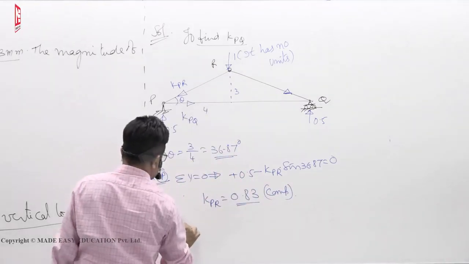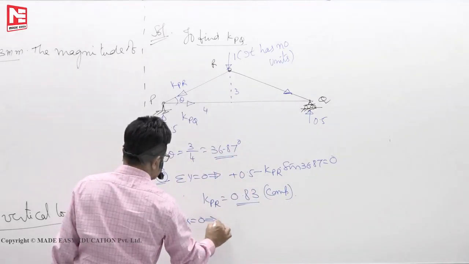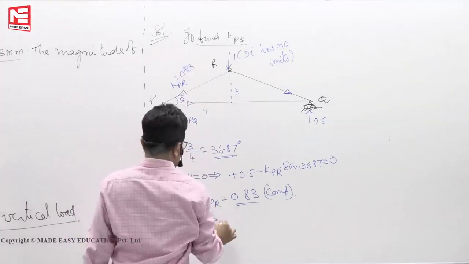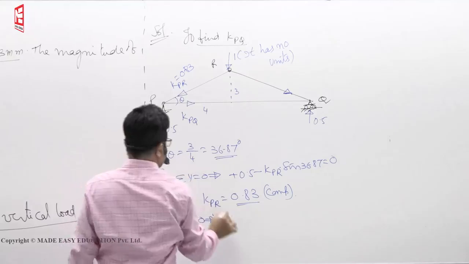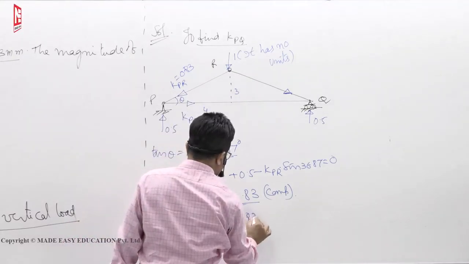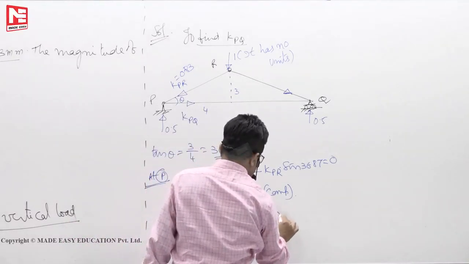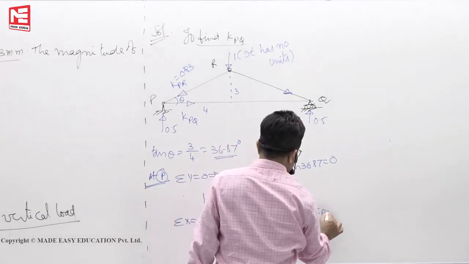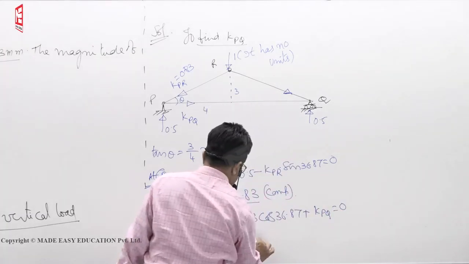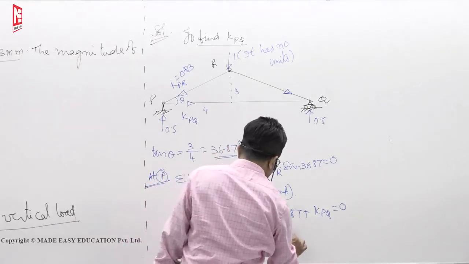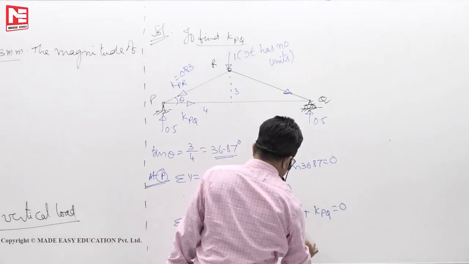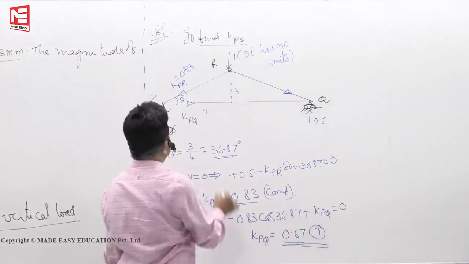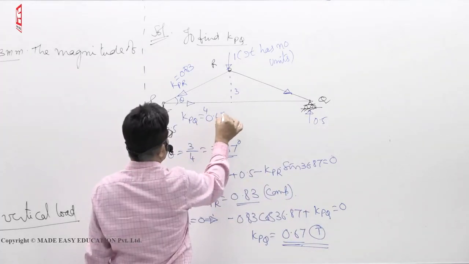Then if you write sigma x equals 0, this going left side, so minus 0.83 cos 36.87 plus KPQ must be 0. So KPQ you will get 0.67, plus, that means it is tension. So KPQ value will be 0.67.